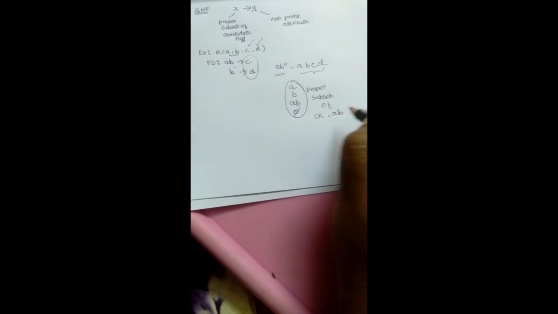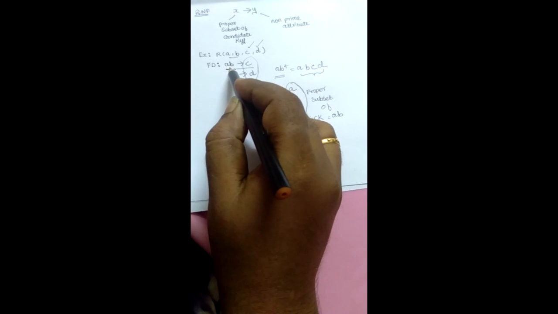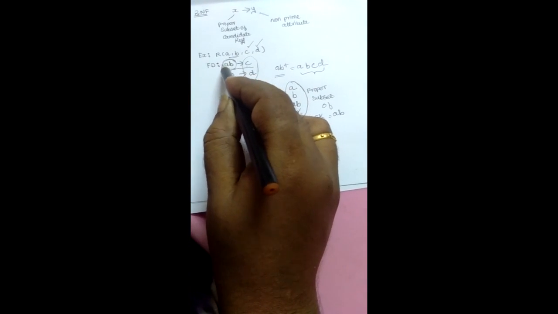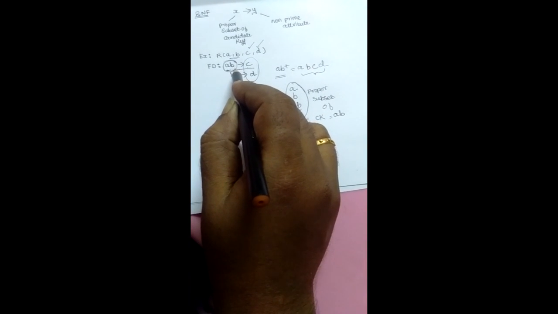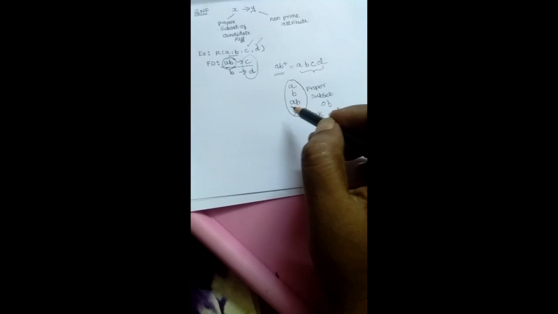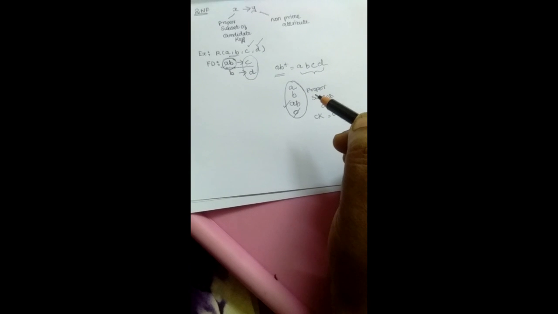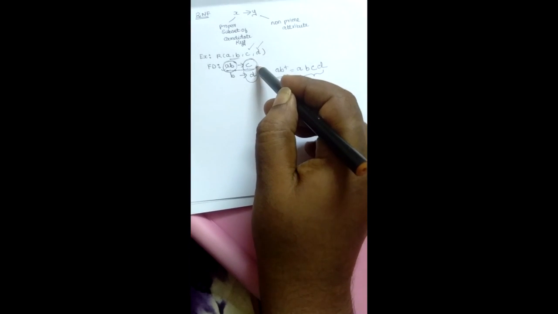Now we consider the first functional dependency, AB tends to C. The left hand side part contains a subset of the candidate key, and the right hand side part is a non-prime attribute.